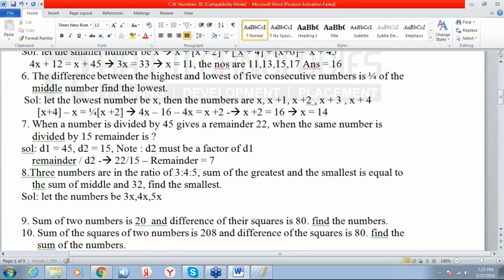According to the question, the sum of the greatest and smallest, which is 5x plus 3x, is equal to 4x plus 32.